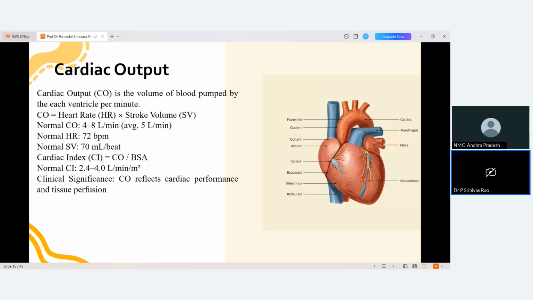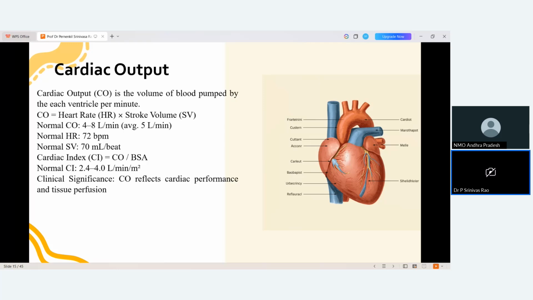But when the definition of cardiac output is asked, you have to tell cardiac output is the volume of blood pumped by each ventricle per minute. So the left ventricle and the right ventricle will be pumping out the same amount of blood. One will be going to the tissues, one will be going to the lungs.